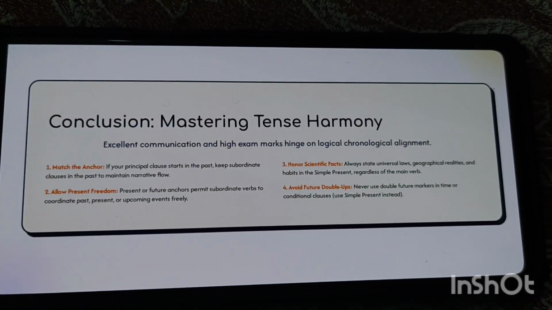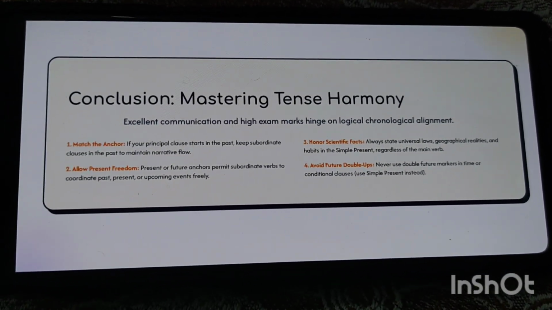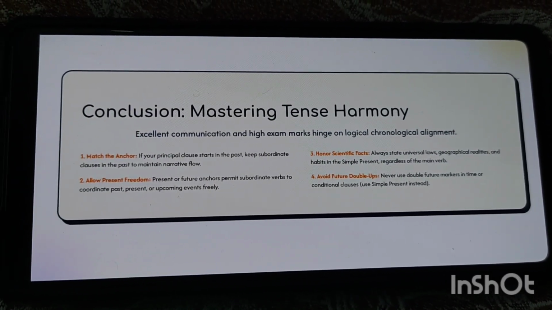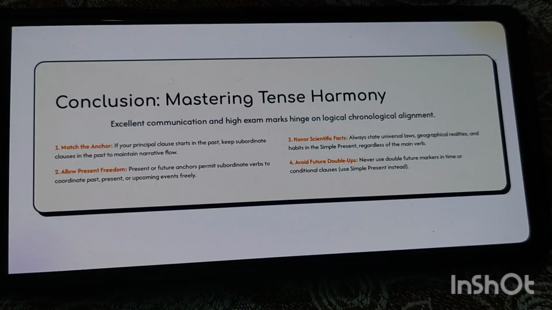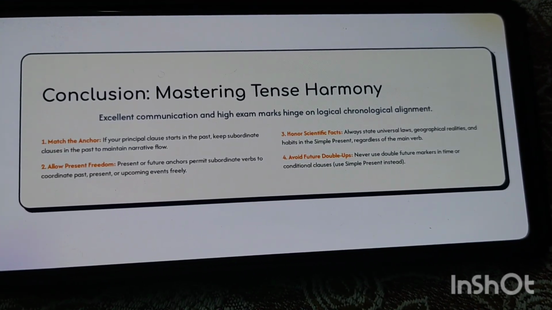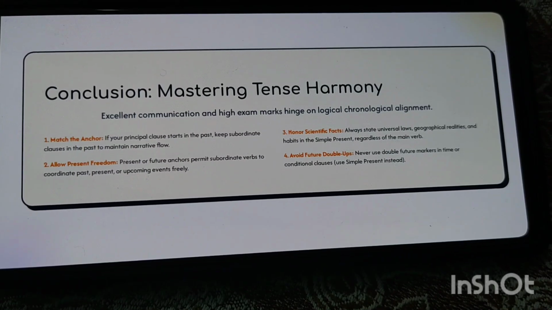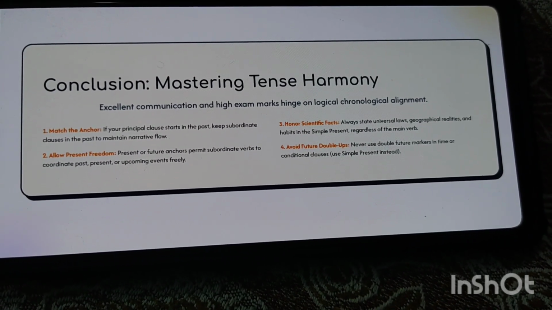Now let's conclude with the idea that, students, if the principal clause starts in the past, keep subordinate clauses in the past to maintain narrative flow. Allow the present freedom. How? Present or future anchors permit subordinate verbs to coordinate past, present, or upcoming events freely.